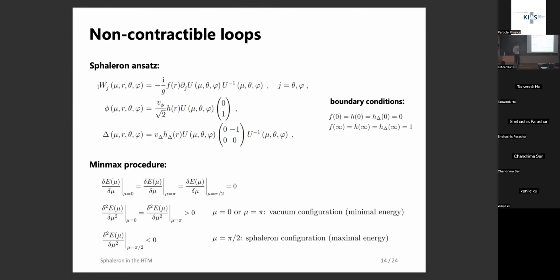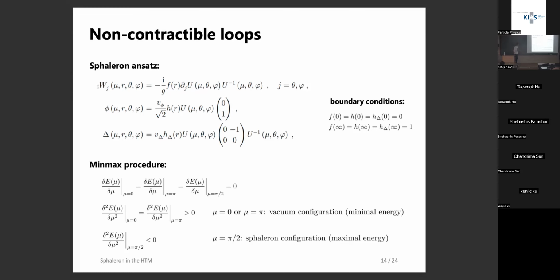And you can explicitly check that when mu equals 0, pi, or pi over 2, the first derivative vanishes, which means these 3 points are all stationary points. However, when you calculate the second derivative, you find that for mu equals 0 and mu equals pi, the second derivative is positive, which means the energy is a local minimum corresponding to the vacuum configuration.